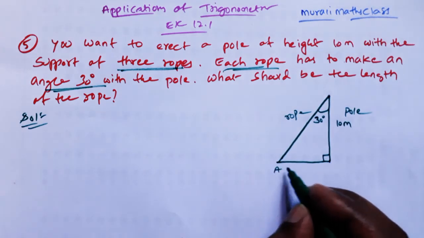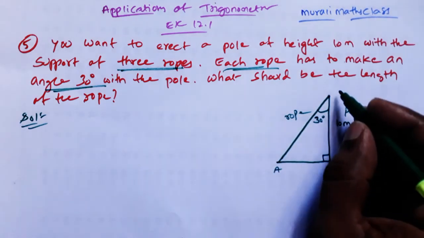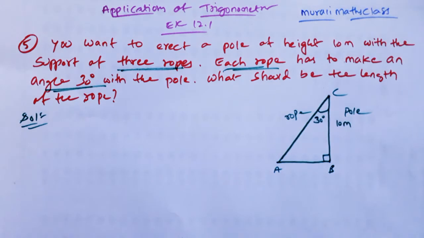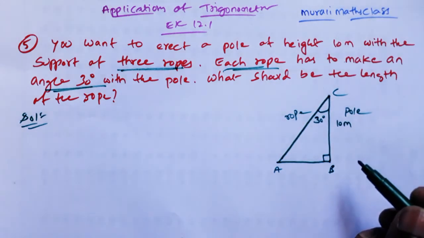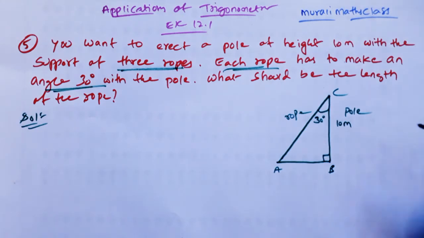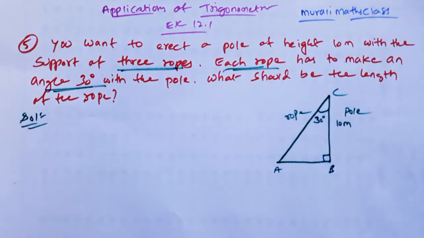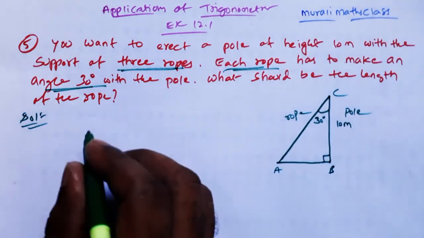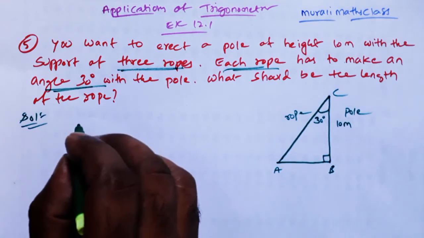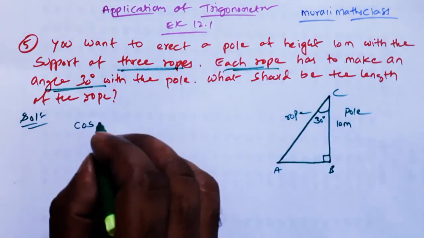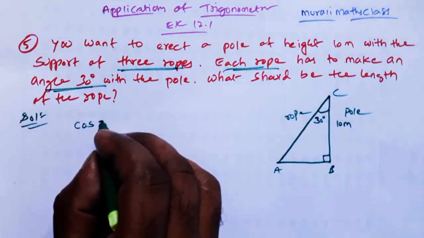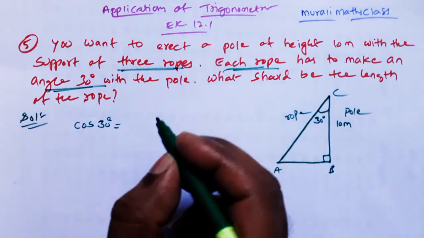Let us give the names A, B, C. Now observe here. If you want to find this, which ratio can we apply? We can apply cos 30 degrees.